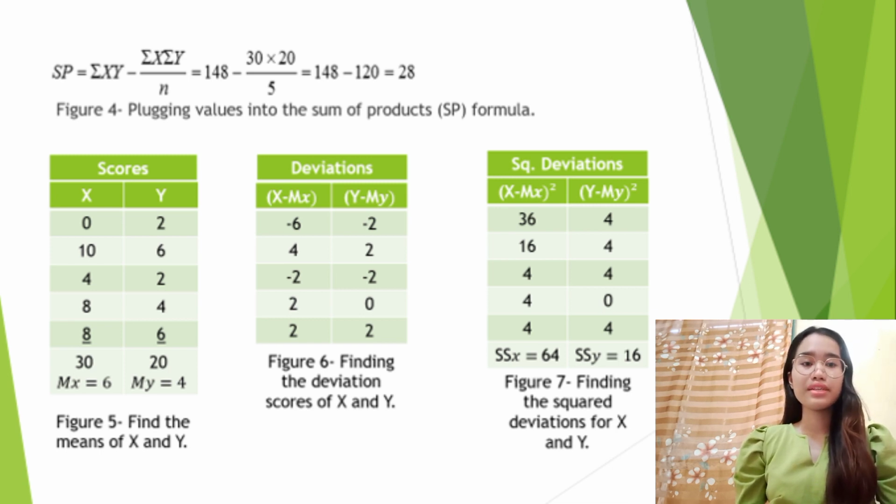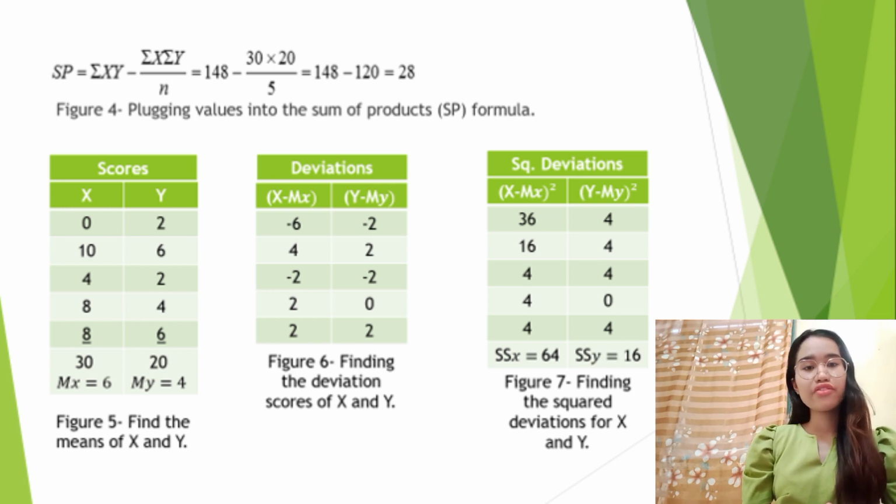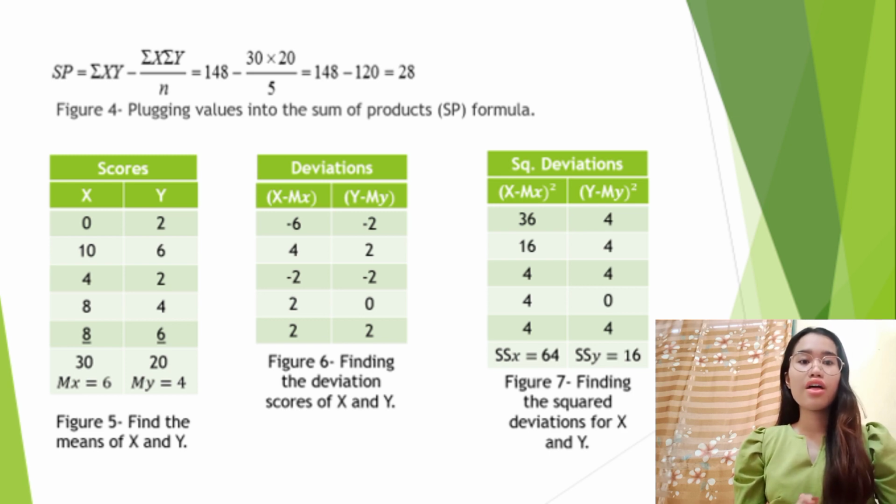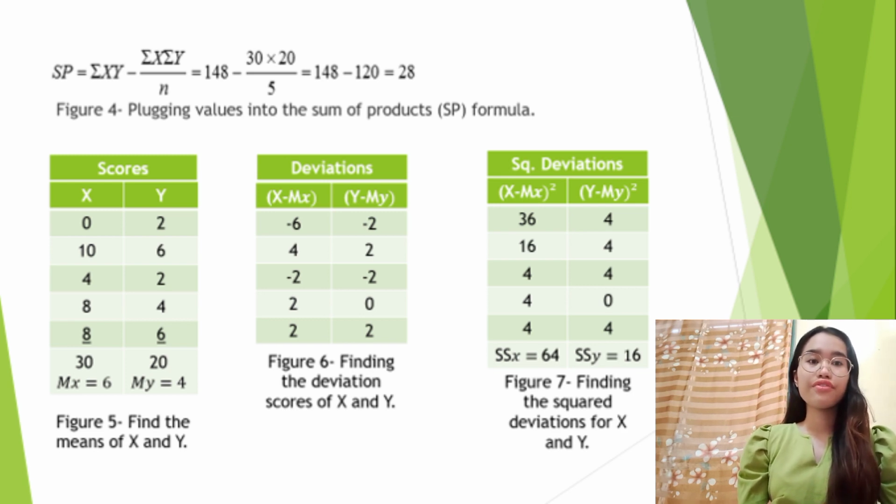The next step is to calculate the squared deviations for x and y variables. To do this, find the average of the x and y variables. Figure 5, find the means of x and y. Then subtract the average of x from each score in the x column to find the deviation scores for x.